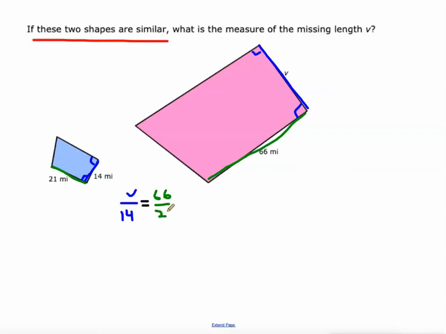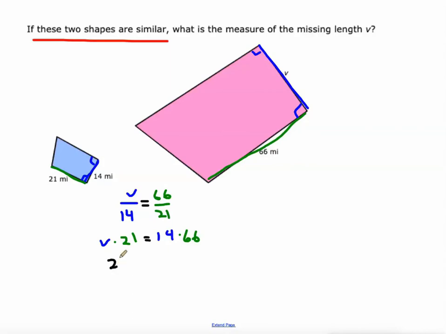Remember that when you're setting up a proportion, you go big shape, small shape, big shape, small shape, to set it up properly. All right, if we use cross products, I'm going to say V times 21 equals 14 times 66.